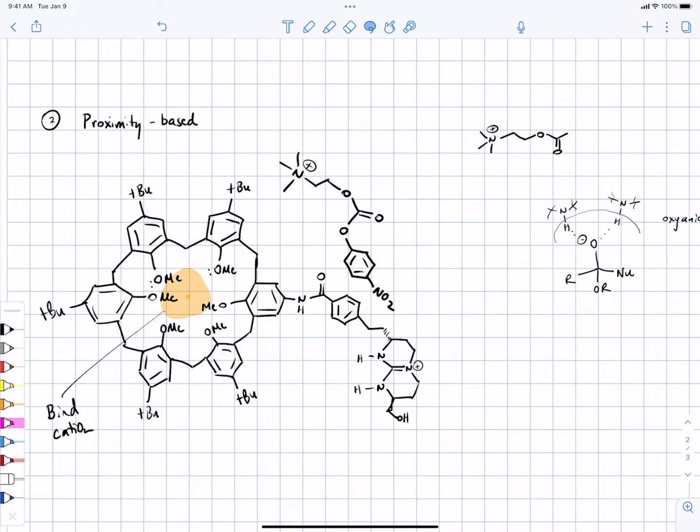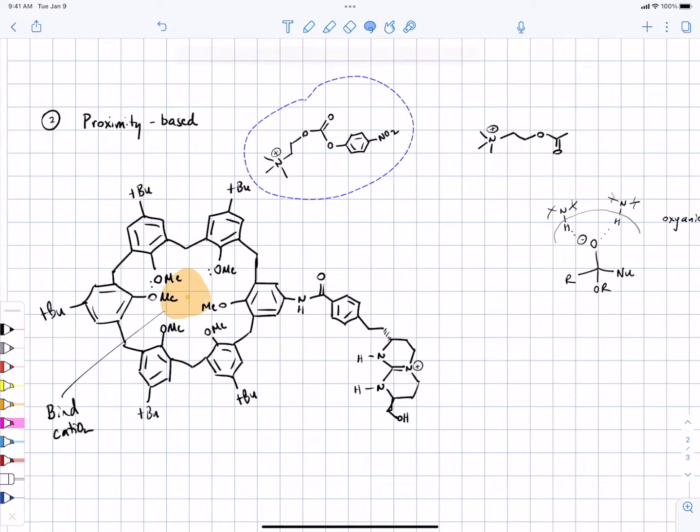For that to be true, you'd have to imagine the ability of this arm to sort of swing around and get in position. And what people used to do in the early days of small molecule catalysis design is they would actually use CPK models, build this whole thing, and see whether the geometry worked out. Anymore, you can build it in Gaussian, and minimize it and see whether you think it would actually bind the desired substrate.